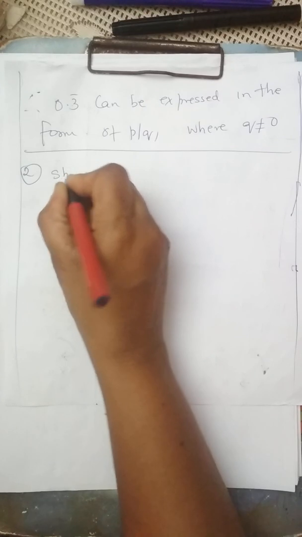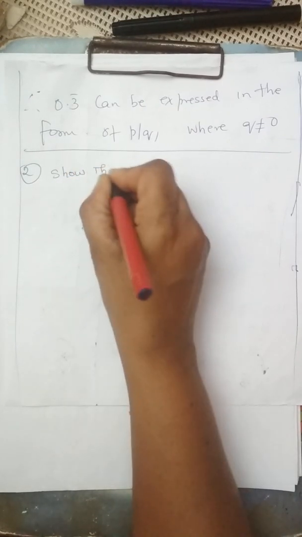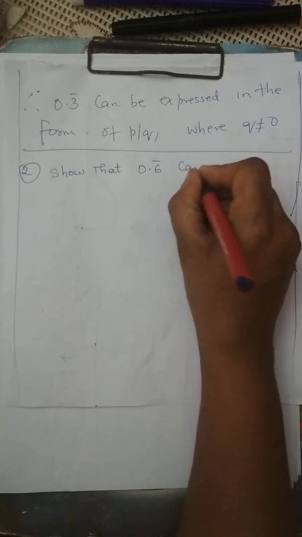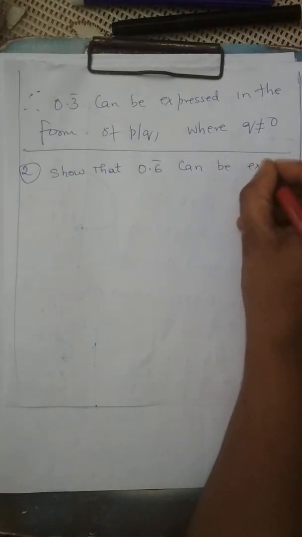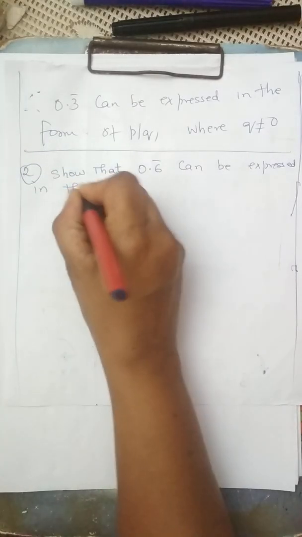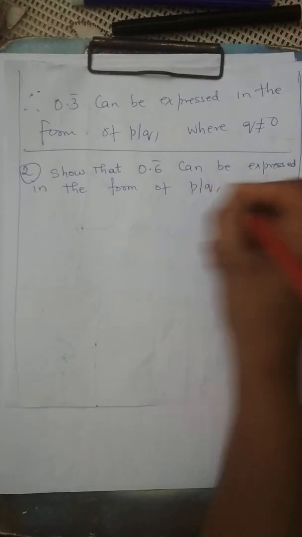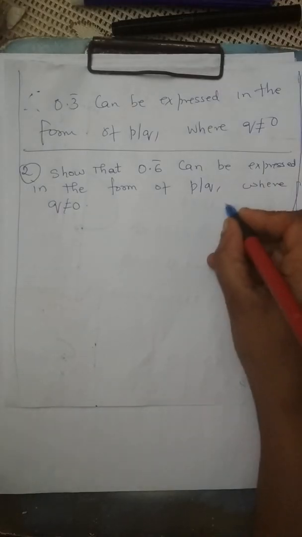Show that 0.6 bar can be expressed in the form of P upon Q, where Q is not equal to 0. Okay.